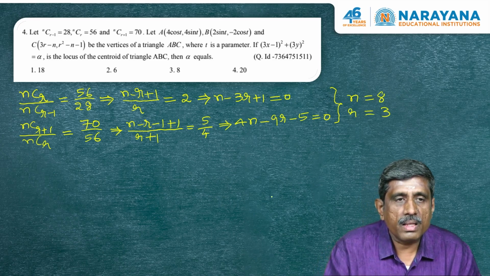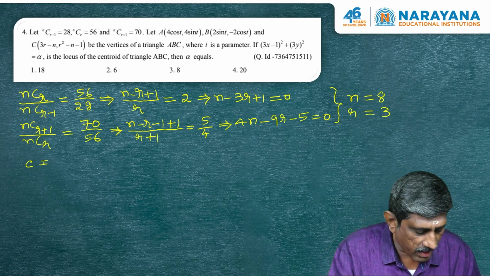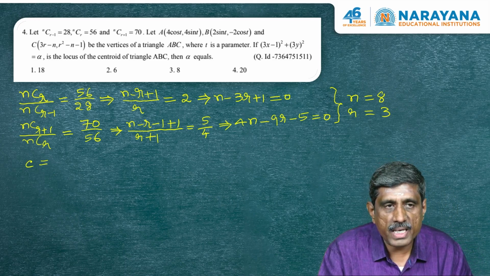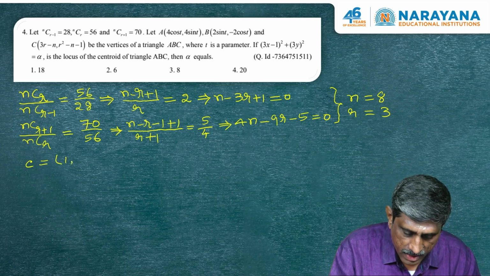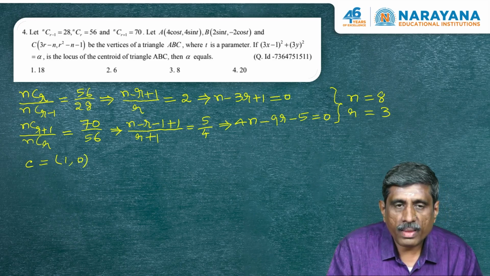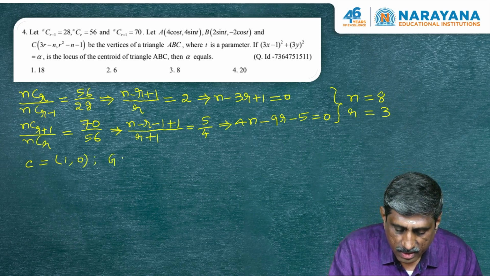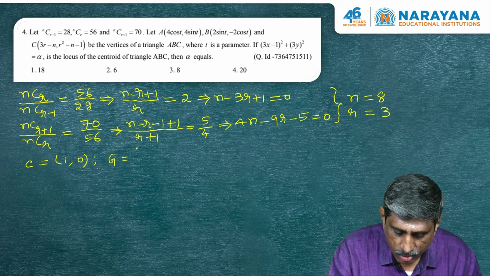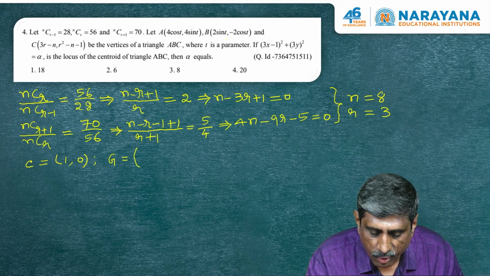Therefore, the third point C, when we substitute n is equal to 8 and r is equal to 3, becomes the point C as (1, 0). Now, when we find the centroid of the triangle ABC using these three points, the point A is (4 cos t, 4 sin t).